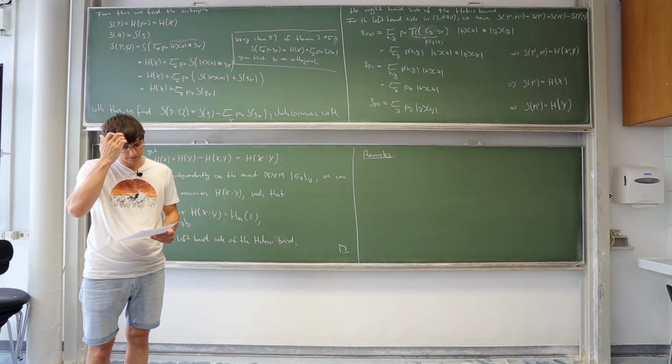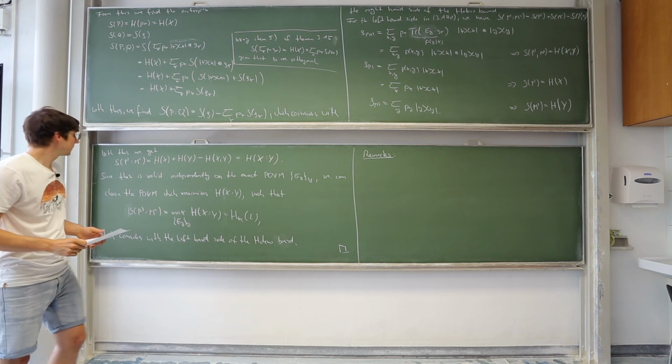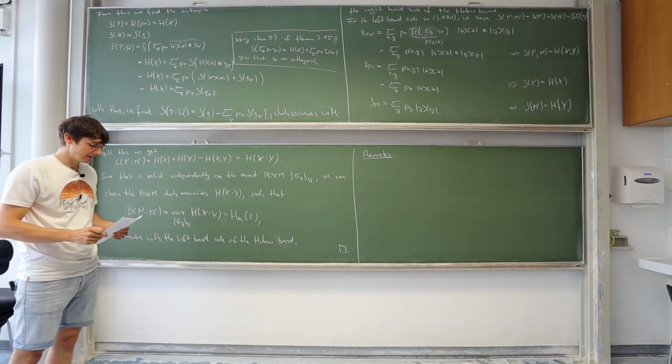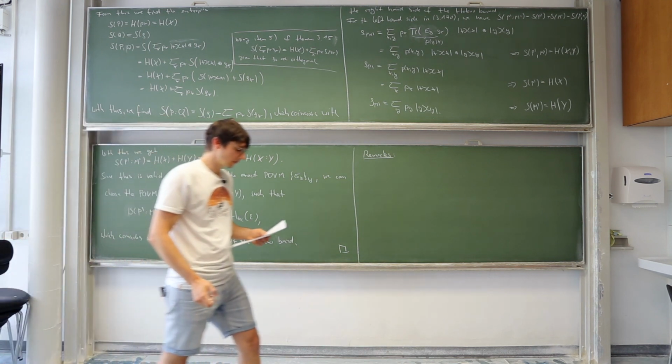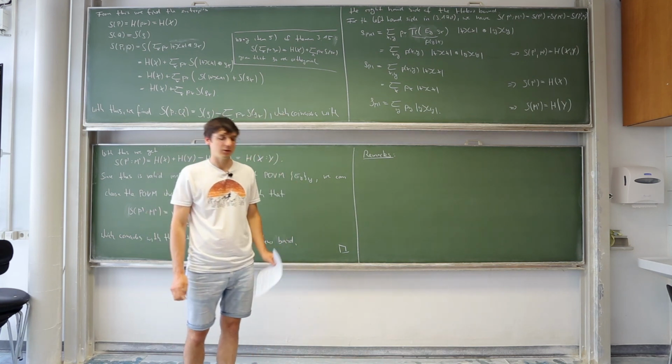And since the Holevo bound is important, this right-hand side of the Holevo bound has its own name, and it's often called either the Holevo chi quantity or the Holevo information.